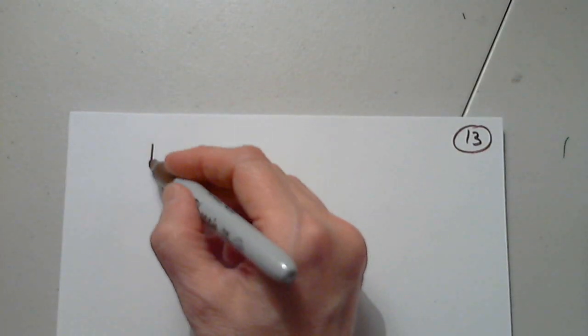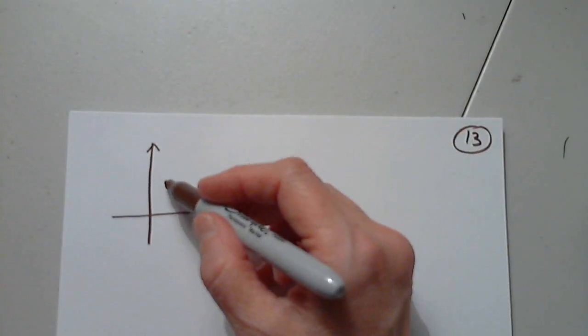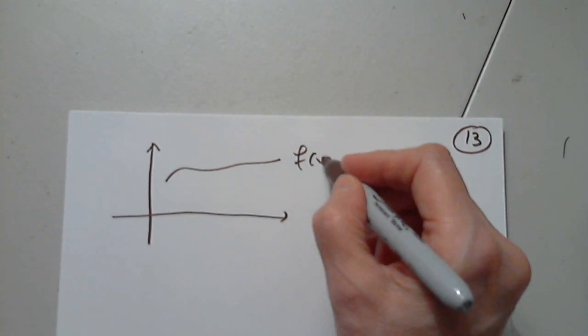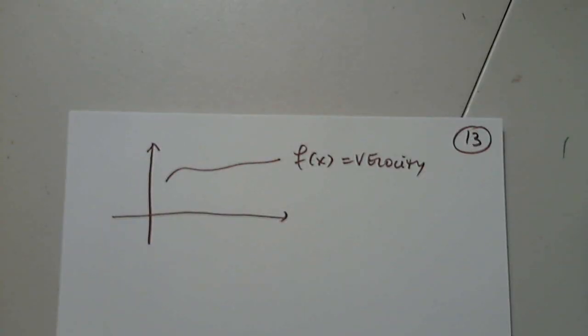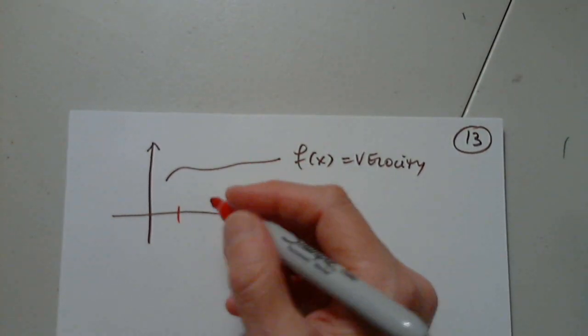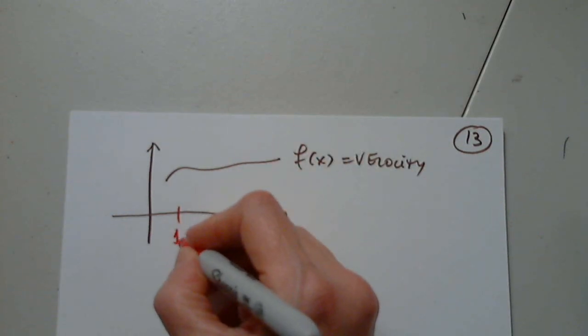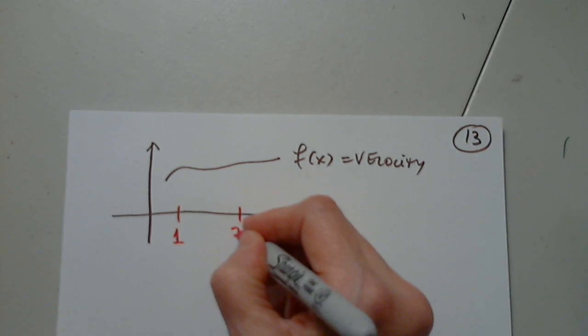Okay. 13. Let's suppose I have a function, and this is the velocity. I'm looking at the velocity function between x equals 1 and 7 hours.